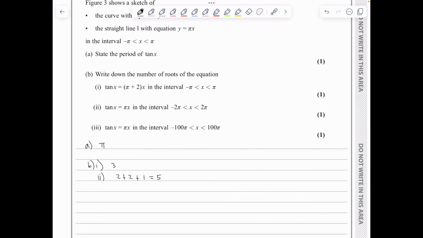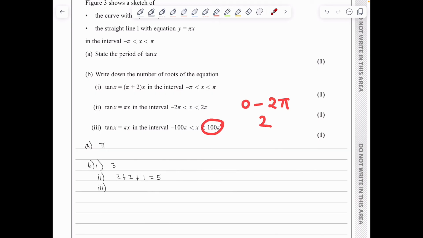And then we have tan x = pi x in the interval from minus 100 pi to 100 pi. I will use exactly the same logic as we did in part II. Because in part II, we said that from 0 to 2 pi, we had 2 solutions. So in a span of 2 pi radians, we get 2 solutions. So in a span of 100 pi radians, we'll get 50 times that.